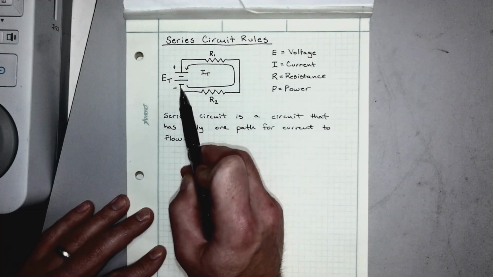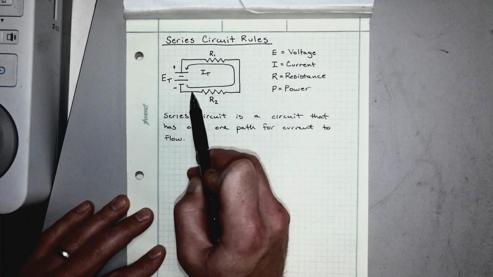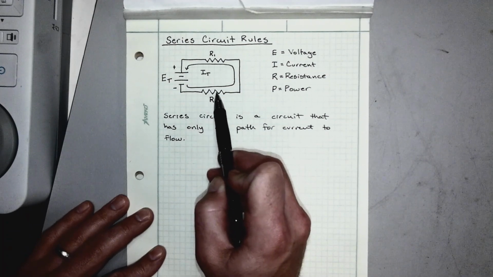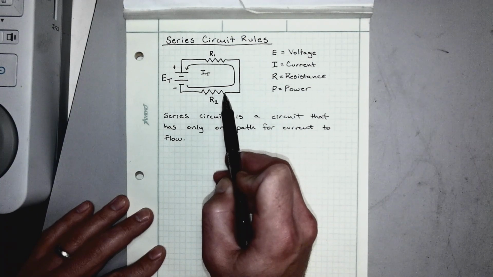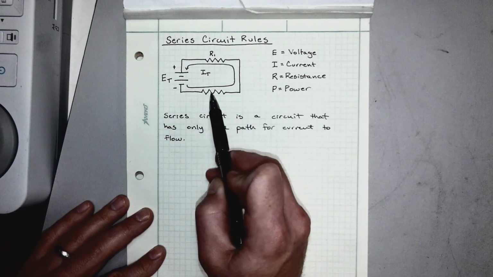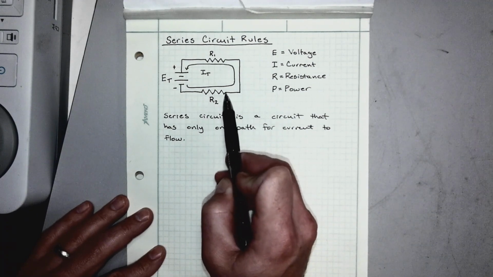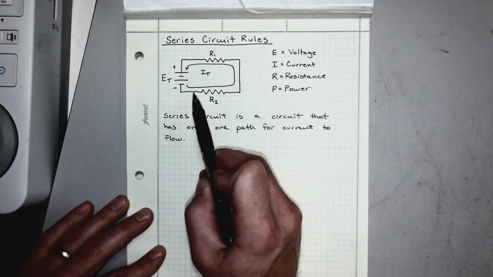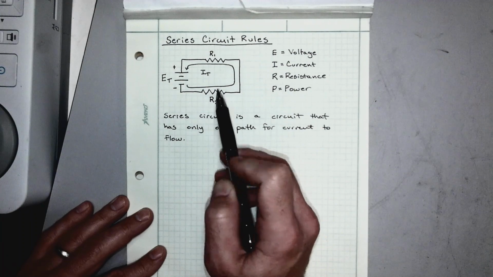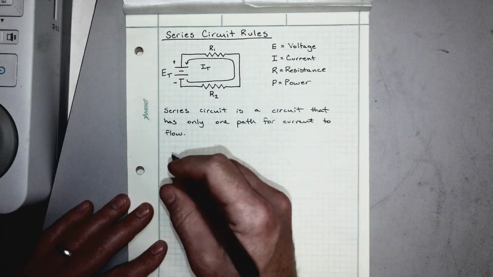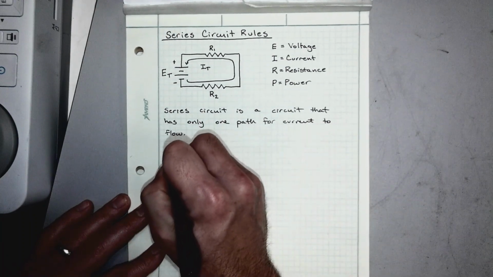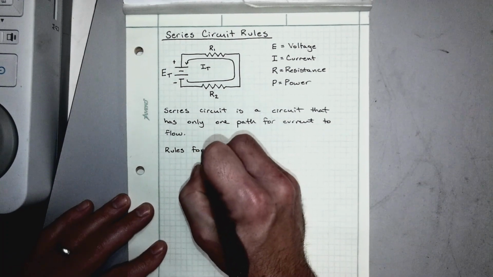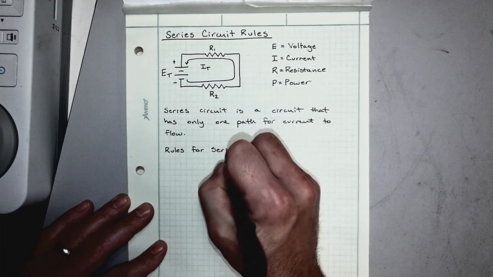All the current coming out of the battery has to go into R sub 2 and then come out of R sub 2. And so if we were to look at the current running through R sub 2, we would say that it is equal to I sub t, because it only has one path for current to flow. And so if we start generating the rules here, these are the rules for series circuits.